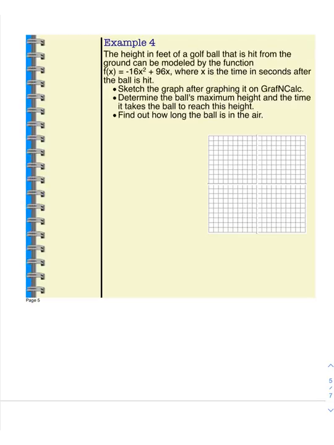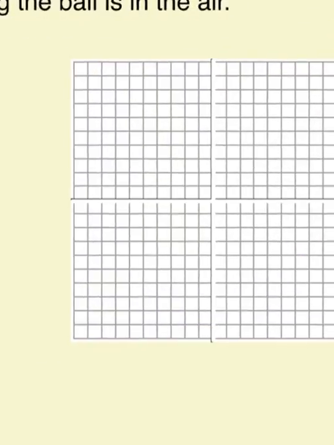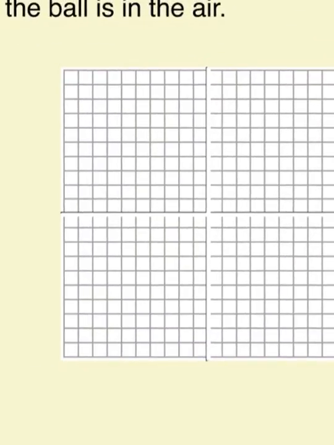All right, example 4. The height in feet of a golf ball that is hit from the ground can be modeled by the function f of x equals negative 16x squared plus 96x, where x is the time in seconds after the ball is hit. Sketch the graph after graphing it on Graph and Calc. All right, so I'm assuming at this point you have Graph and Calc, you've graphed it, and you know that the graph looks something like this.